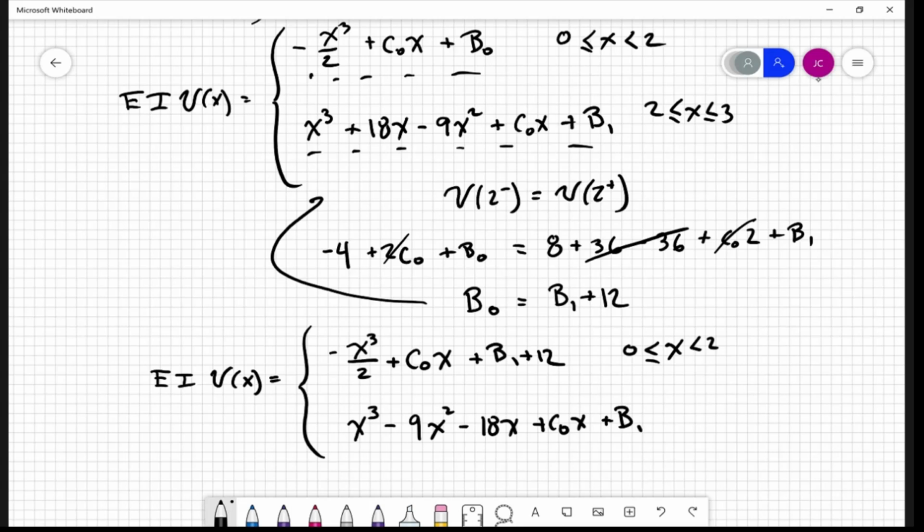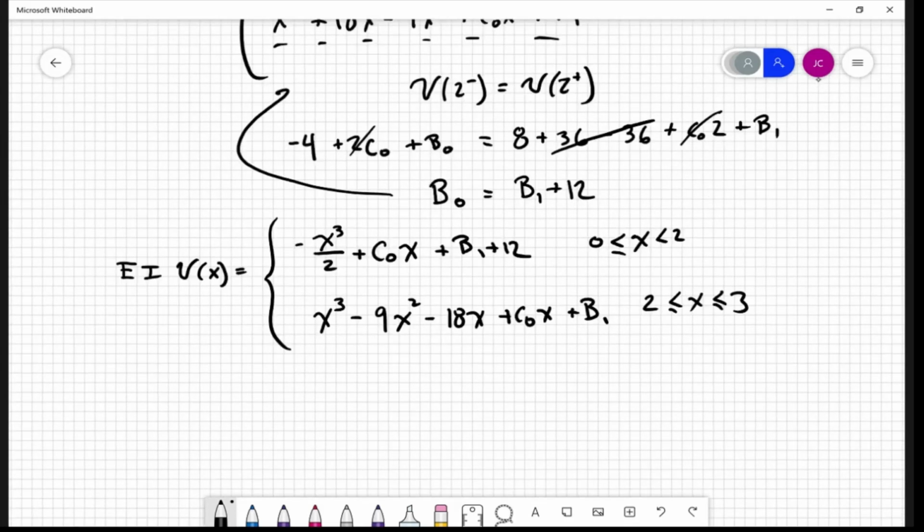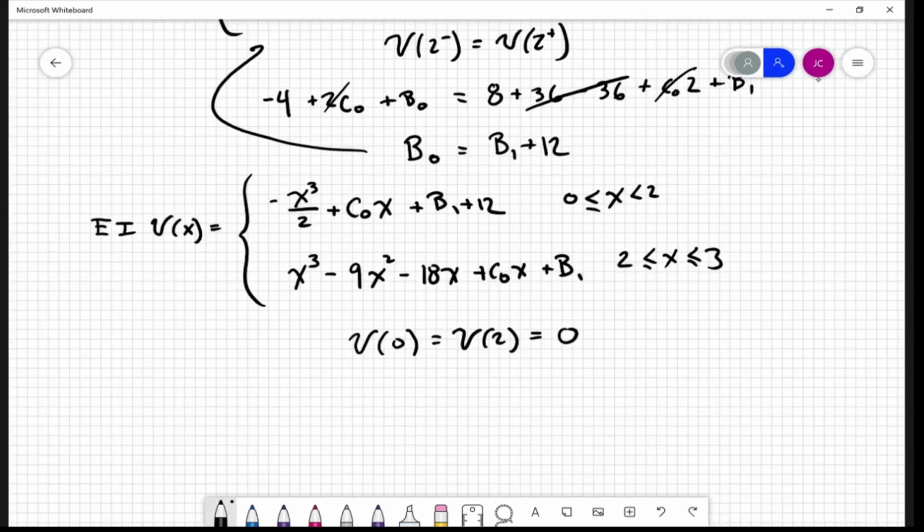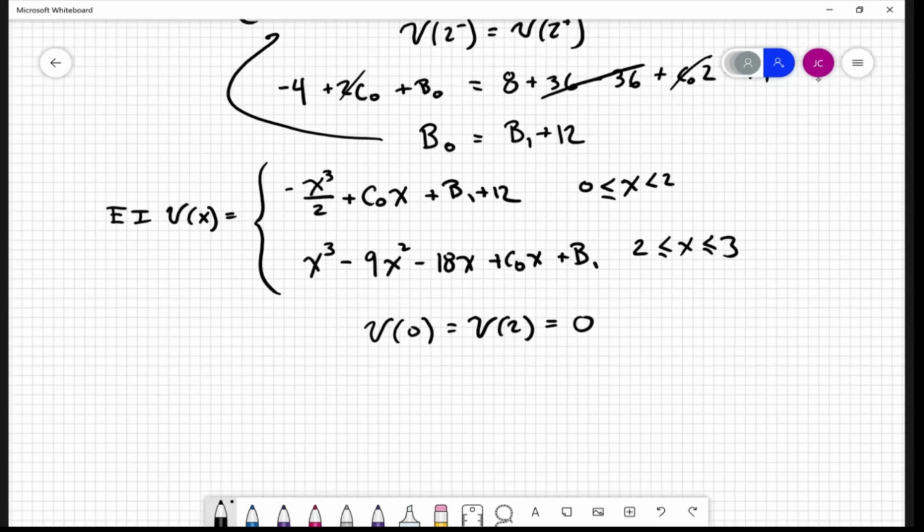Okay, so now we have 2 unknowns, C0 and B1. And now to solve for these, we can use the fact that V at x equal to 0 has to equal V at x equal to 2 has to equal 0 because they're pinned, right? So the deflection there has to go to 0. What's the easiest way to do this?